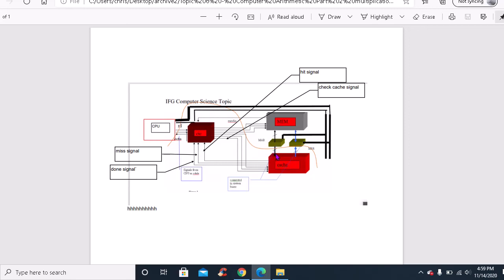And as quick as a flash, in a tiny proportion of the time it takes the main memory to complete its read operation, the cache will return either a hit signal on the hit line or a miss signal on the miss line. The significance of a hit is, yes, I've got a copy of what you're asking for already.